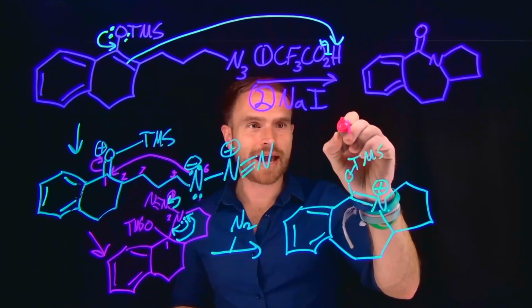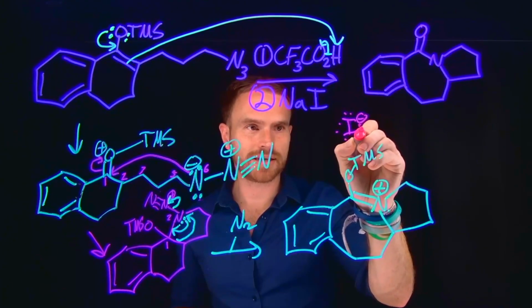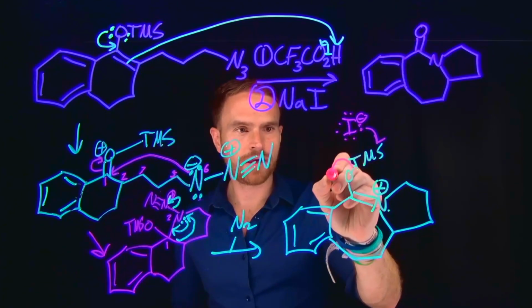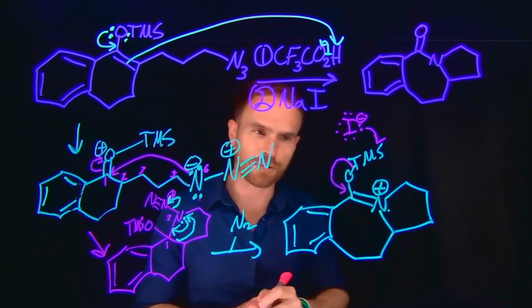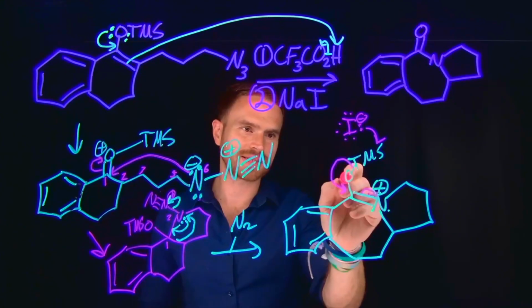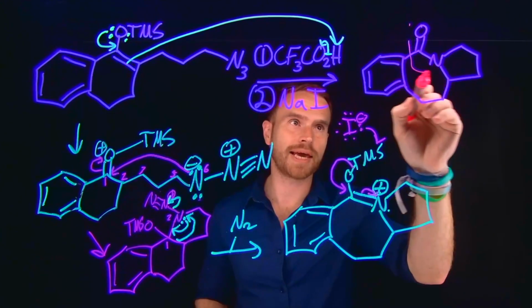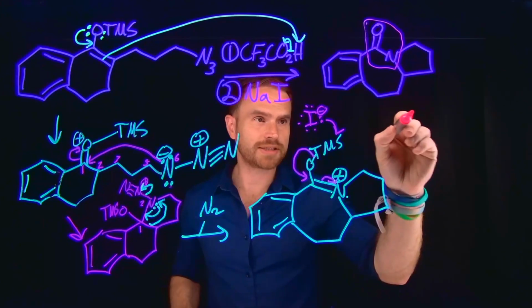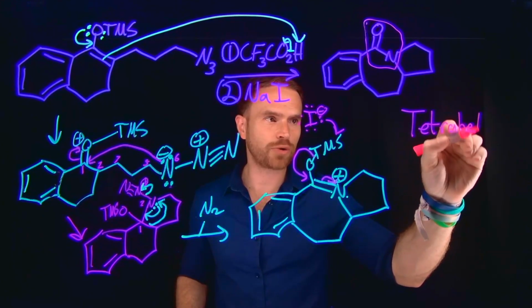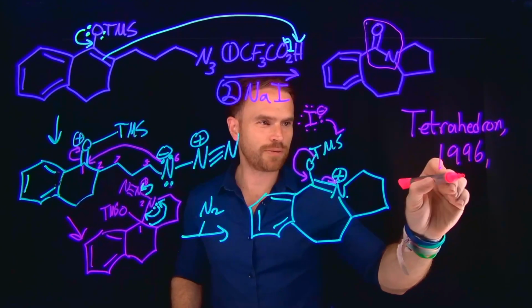So the iodide actually acts like a nucleophile and attacks the silicon center at this trimethylsilyl group, which serves to kick off that protecting group, and it's actually how we end up making this a neutral molecule and form this carbonyl carbon, giving us our cyclic lactam with this amide located at this position here. And in case you're interested, this is actually a publication in the journal Tetrahedron, and it was published way back in 1996, and the volume number is 52.